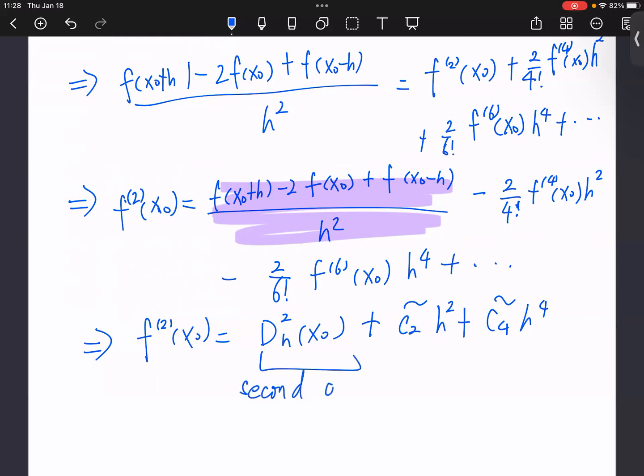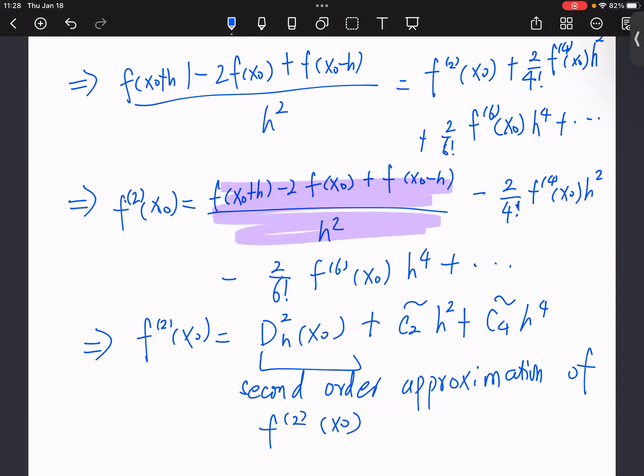This is the second order approximation because the error term is dominated by this h squared, the order 2 error. So this is a second order approximation for the second derivative of f.